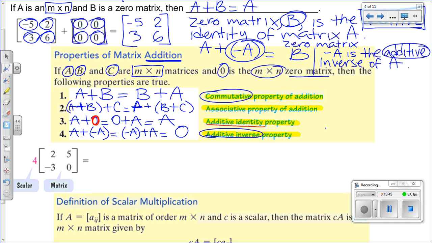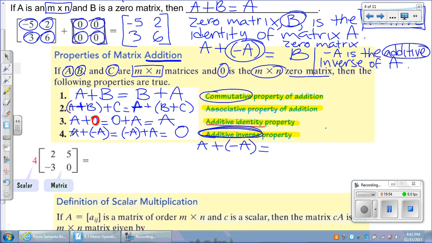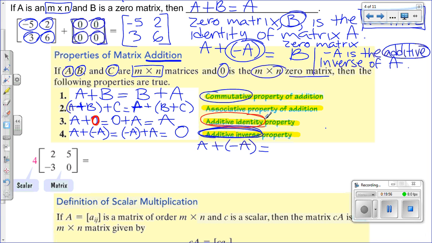So if you use a matrix plus its additive inverse, you end up with the additive identity, which is 0. So that is how they are connected.